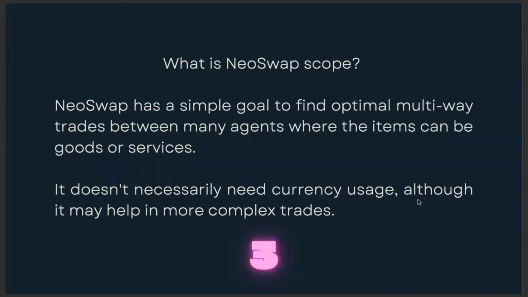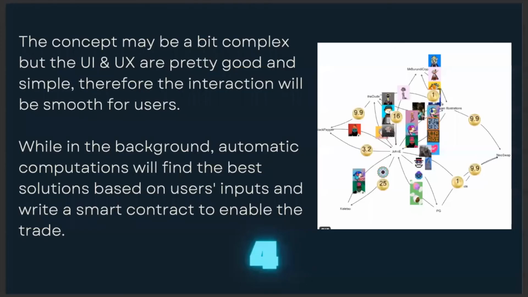NeoSwap has a simple goal: to find optimal multi-way trades between many agents, where the items can be goods or services. Although it doesn't need the use of currency or tokens, using them helps a lot for more complex trades. Until now, this concept may have seemed vague and abstract, but this picture actually helps understand what is going on.